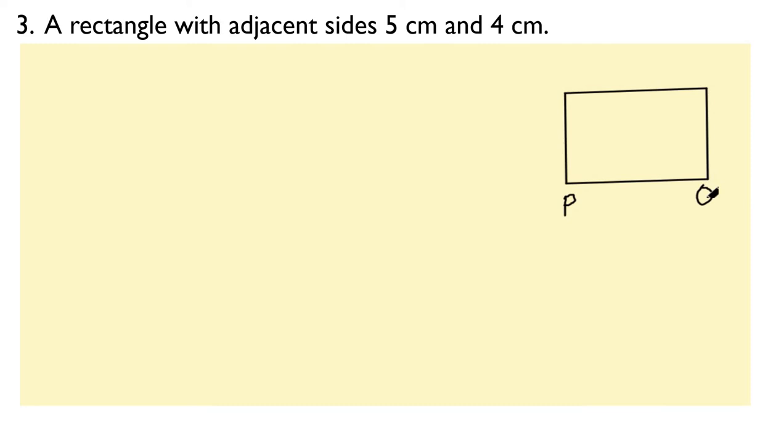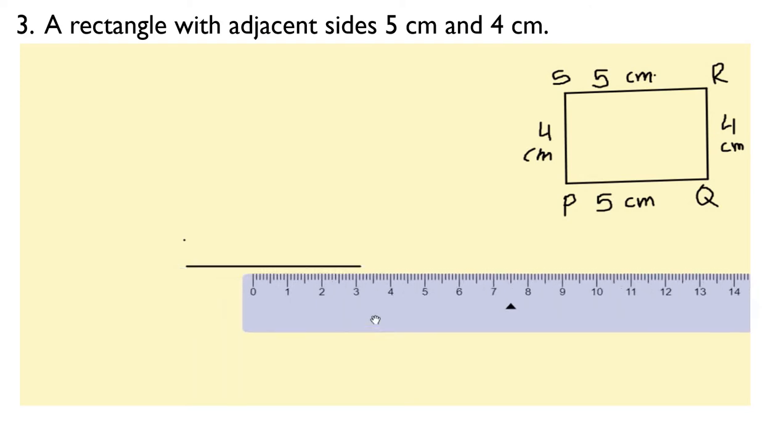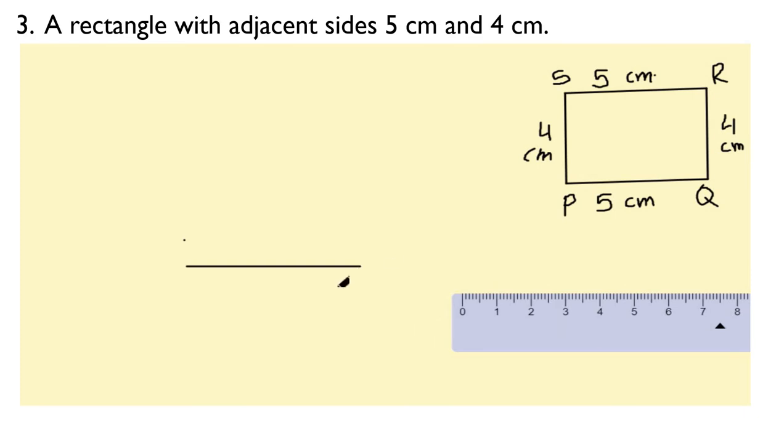And also we mark the given measurements, that is both the lengths we will take 5 cm and breadths we will take as 4 cm. So we will mark PQ as 5 cm and RS also as 5 cm because both are opposite sides, and the remaining 4. Now with the help of scale and pencil we draw line segment PQ of 5 cm and mark the points along with the measurement.